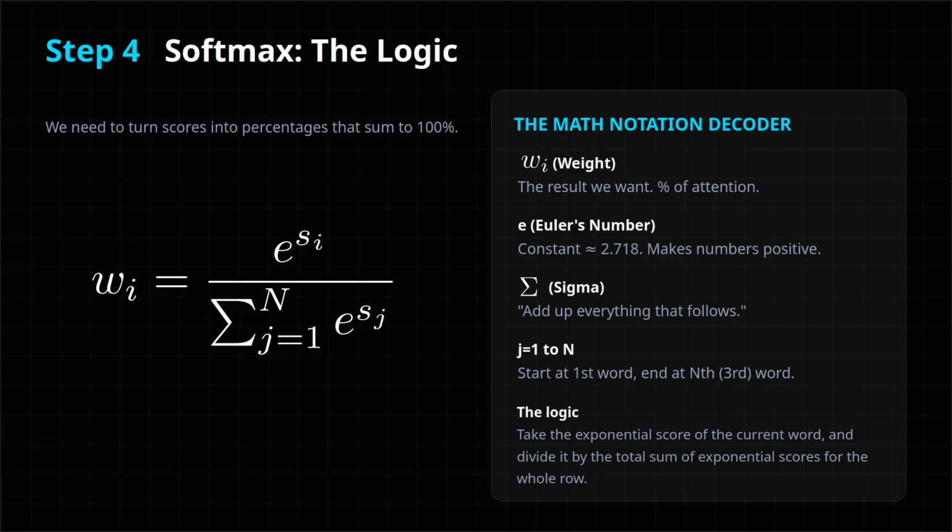This makes all the values positive, and it amplifies differences, so bigger scores stand out even more. Second, we add up all these exponential values for the row. Third, we divide each exponential by that total sum. The result is a set of weights that are all positive and add up to 1. You can think of it like turning raw points into vote percentages for where the attention should go.